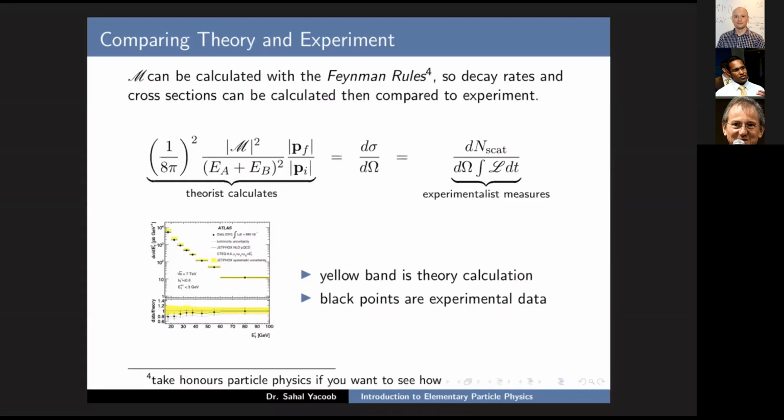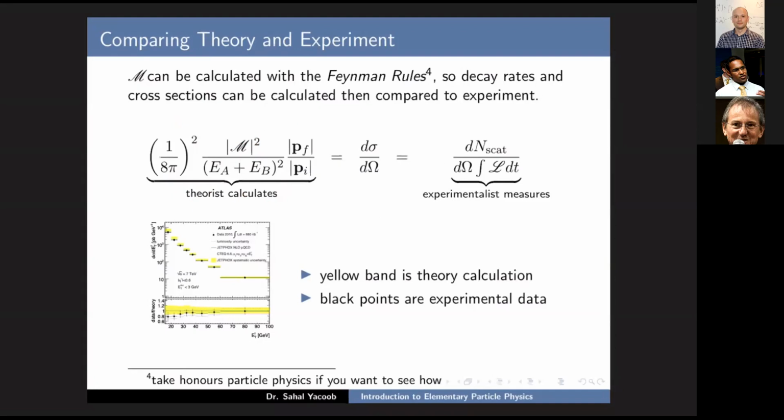So we're going to go through a little bit of the Feynman rules, because if we look at what I've told you so far, for example, any 2-to-2 decay, all of the terms except the matrix element squared are exactly the same. So there are some complicated mathematical integrals that we need to work through.